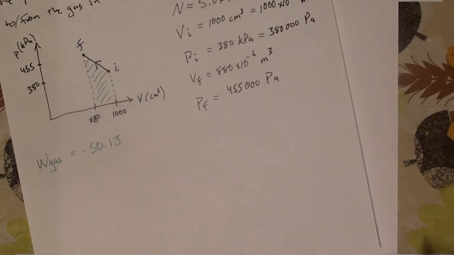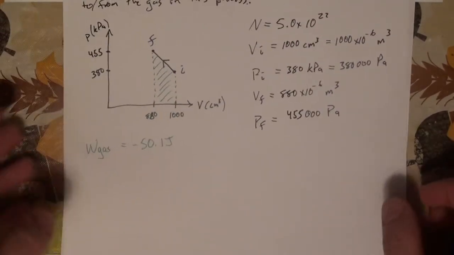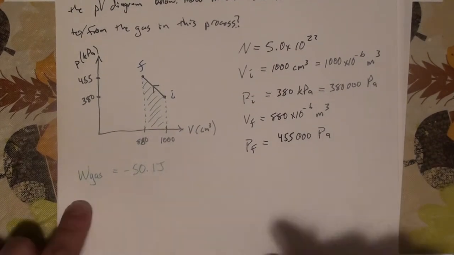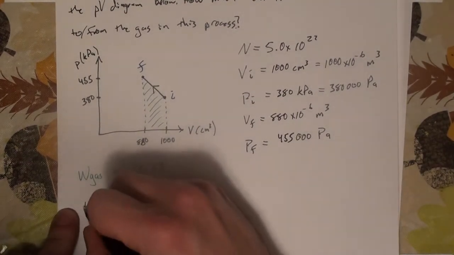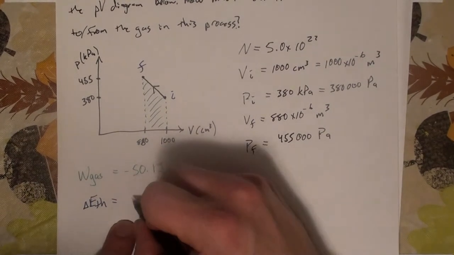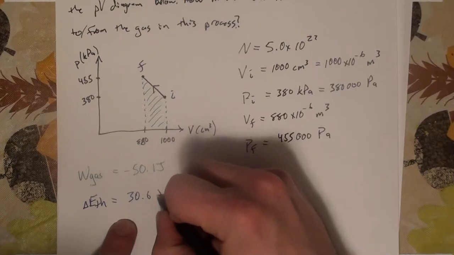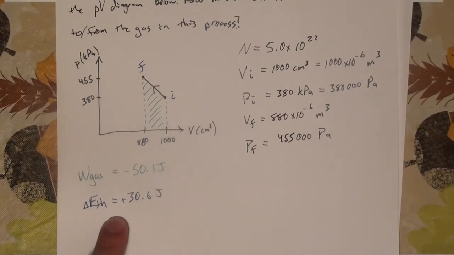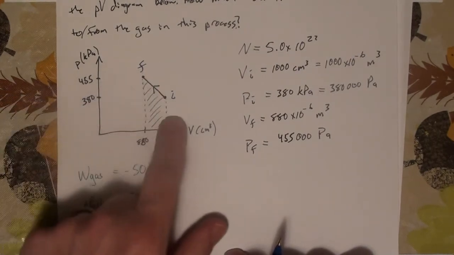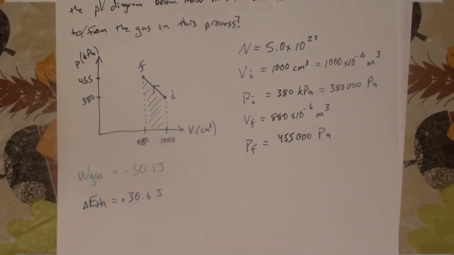So we take this back to our original paper, the work done by the gas we found. Now we found the change in thermal energy was 30.6 joules, and it was positive, notice, because the temperature went up. The final temperature was 580, the initial temperature was 550. So again, the final question here is, what is Q?